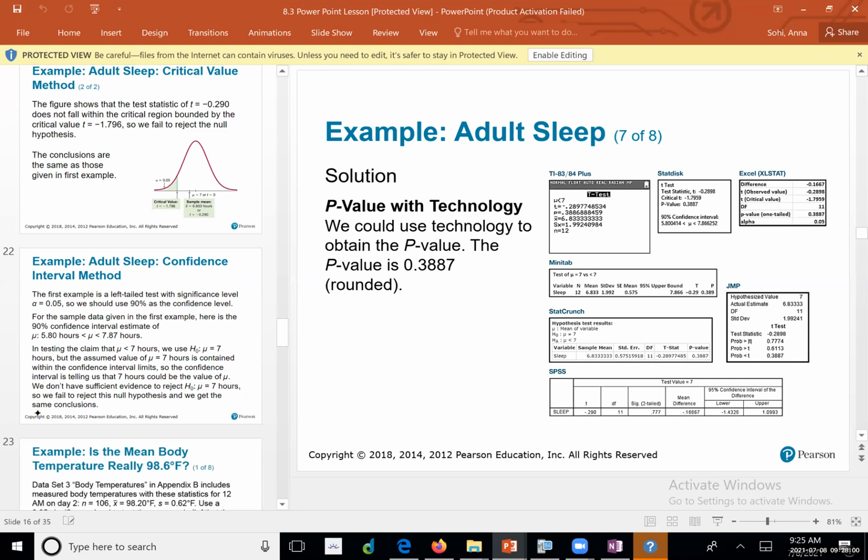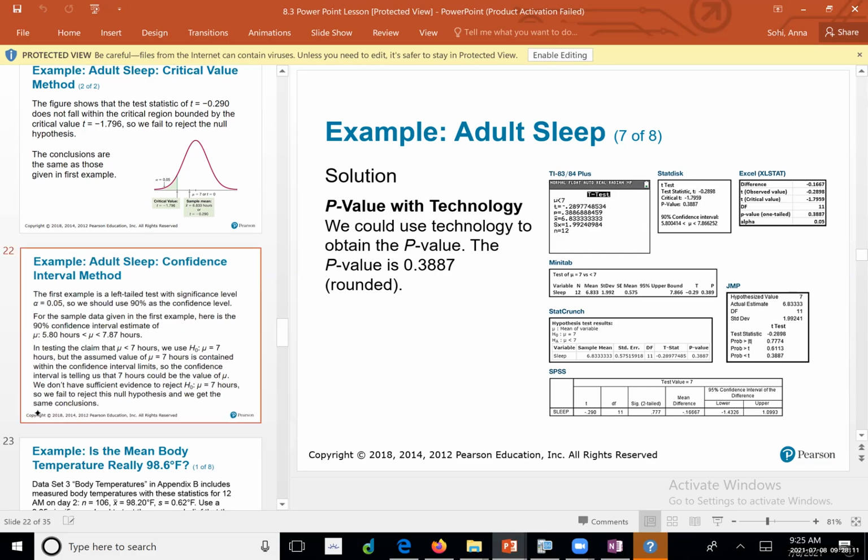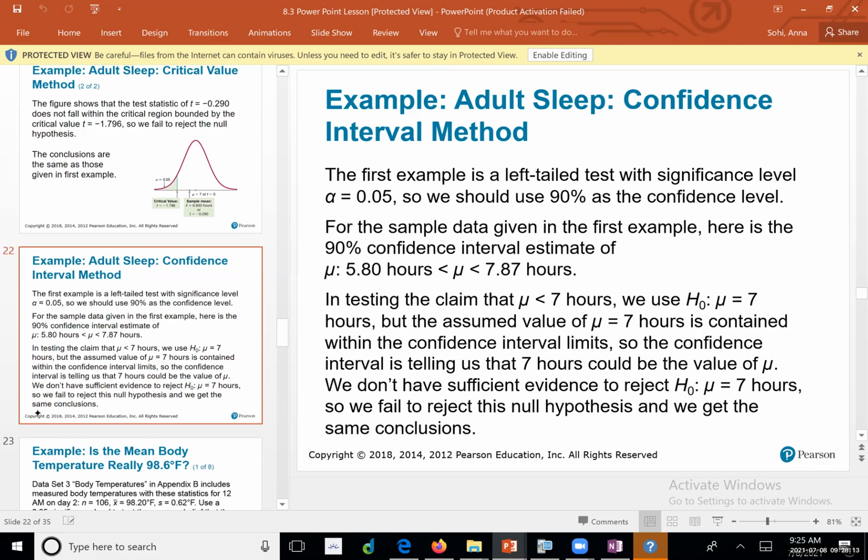We also had, let me just tell you something about confidence intervals that you may see on the homework.